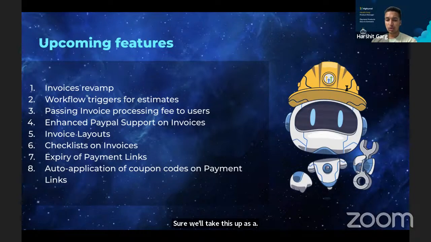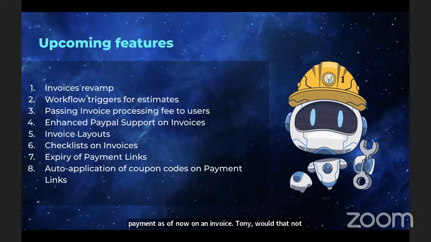Adding cash on delivery: I think you can record a manual payment as of now on an invoice. Tony, would that not solve the issue? So to have it as an option, so that when they're accepting the invoice, they know it's going to be a cash on delivery, so they don't want to pay by credit card and incur the transaction fees, but when they deliver the product, it's cash on delivery.